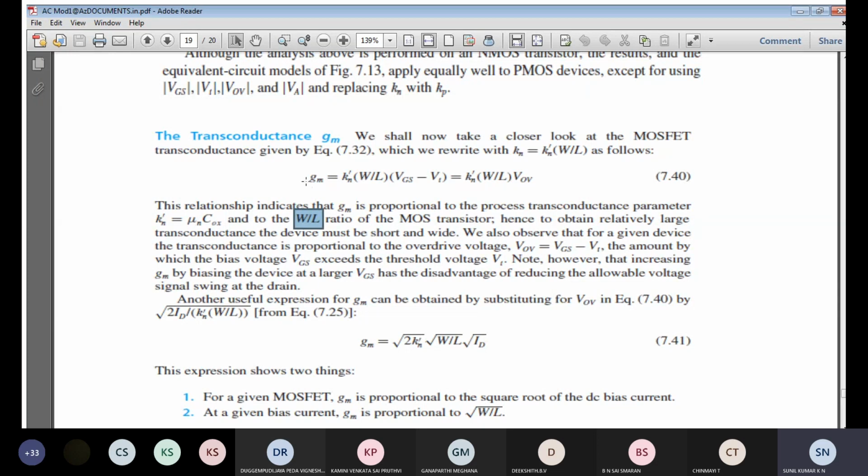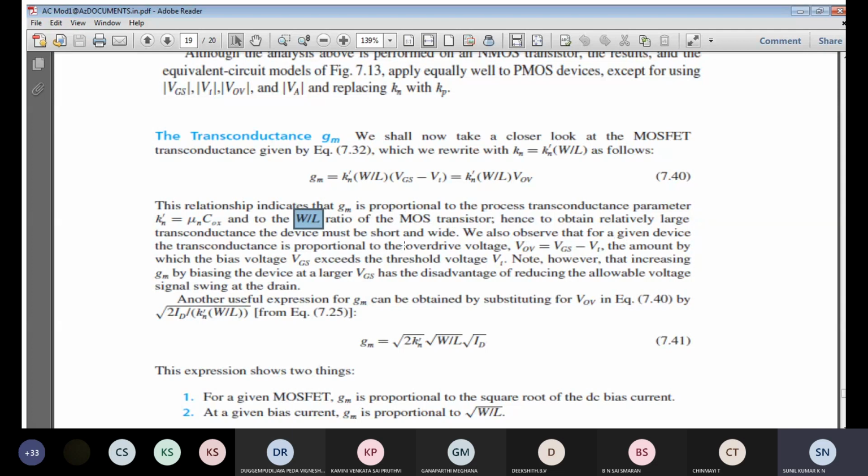So if I want to increase the transconductance gain, the GM value, there is only one way: I can reduce the length of the MOSFET and increase the width of the MOSFET. If you increase the width and reduce the length, the transconductance is going to increase.